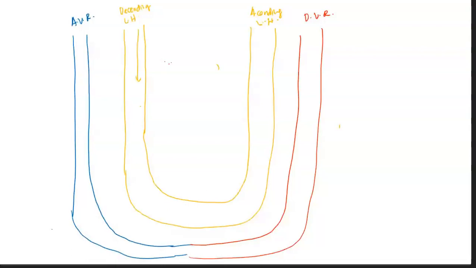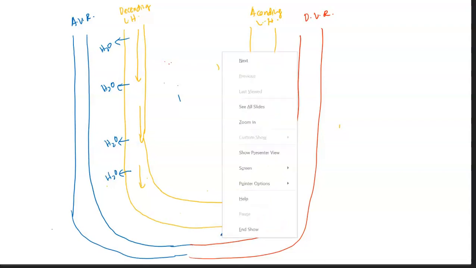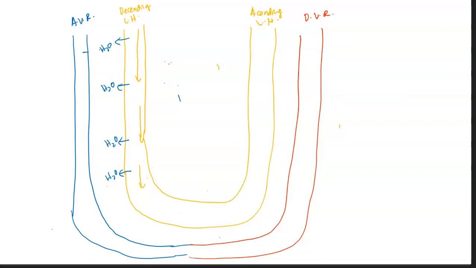The substance that moves out is water. Water is reabsorbed. H2O. And then the water will move from the interstitial fluid into the blood.